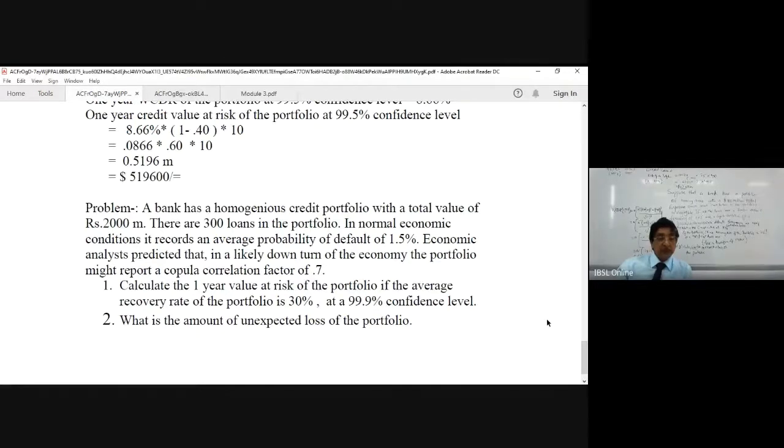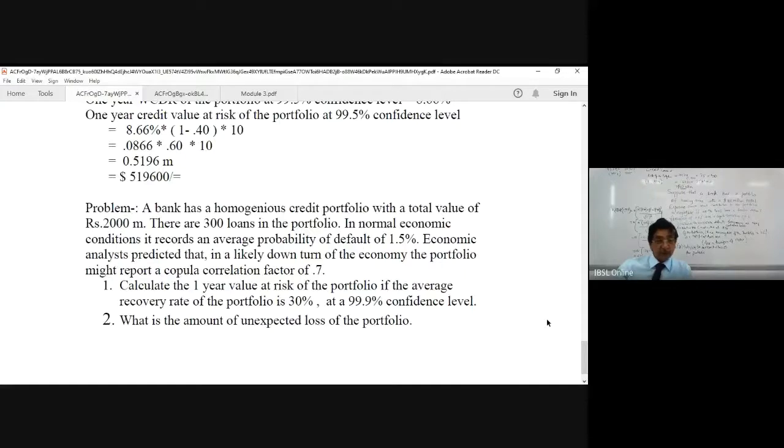I just ask you to start, and 1 year value at risk means, first of all, you have to calculate WCDR at a 99.9 confidence level for a 1 year period. There you can use the Vasicek formula. Just get the formula and apply it.